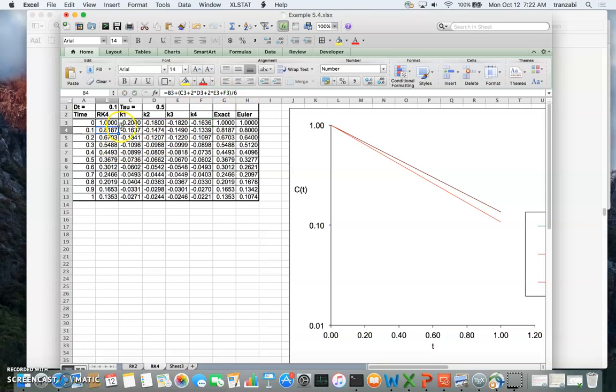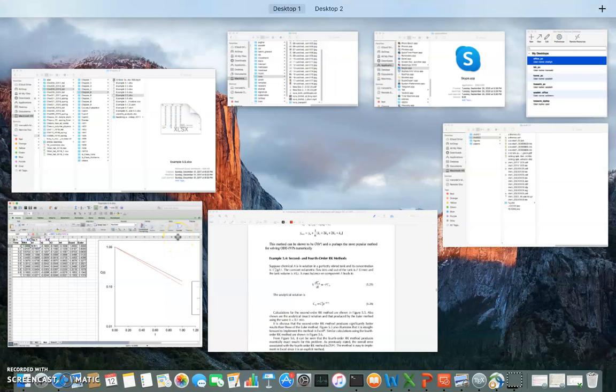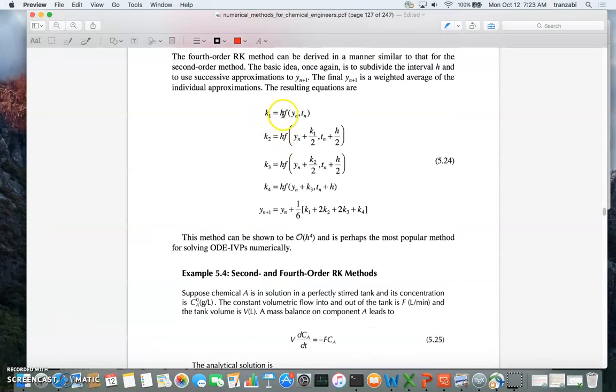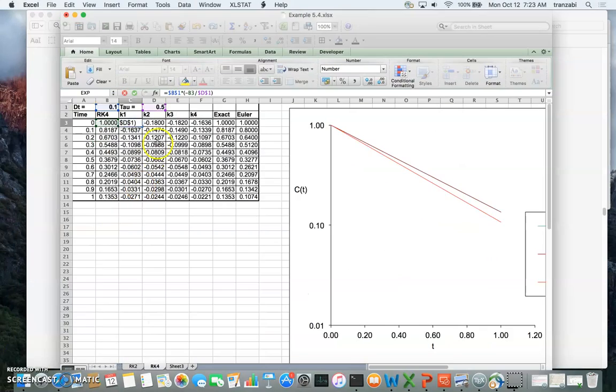Let's calculate K1 first. K1 is h, which is dt, or delta t, times the function evaluated at the current point. dt is 0.1, that's why I have the blue cell, times the function evaluated at the current point.